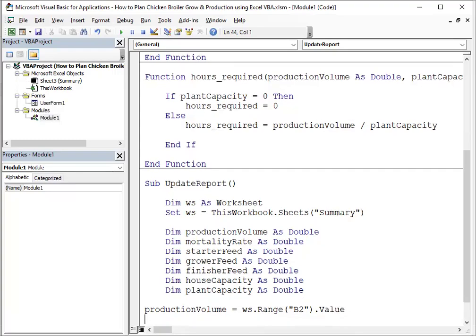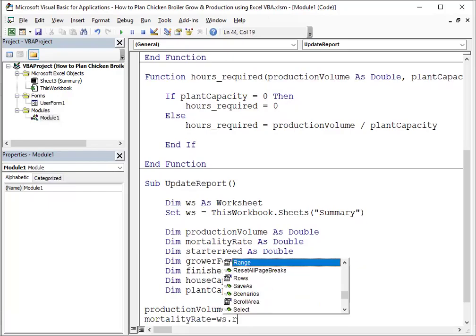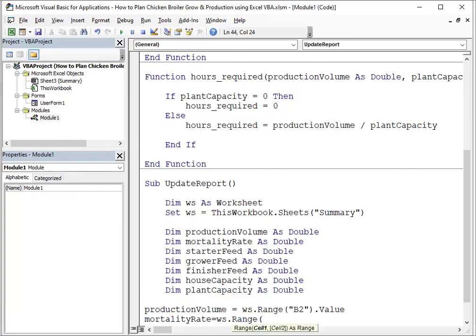Then the next one will be mortality rate equals WS range B3, that value.